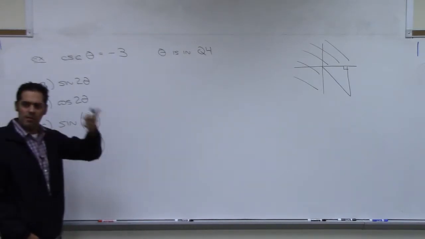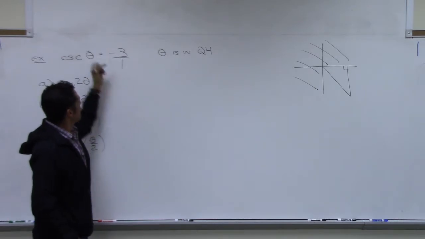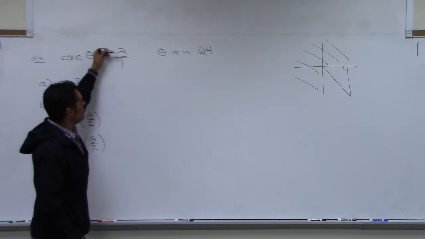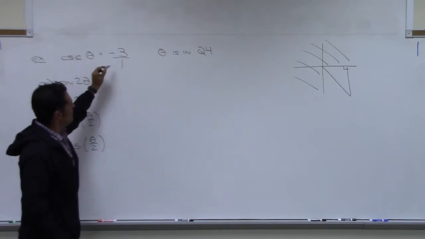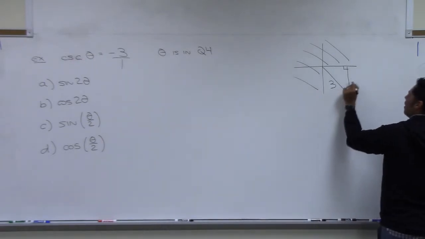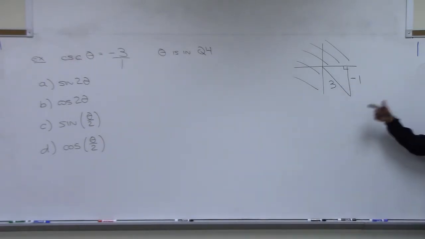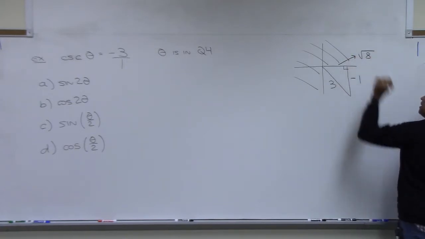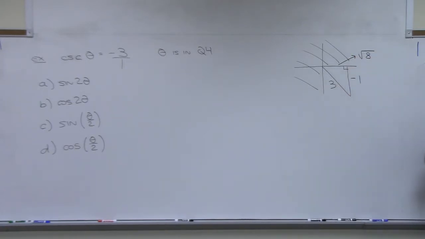So where does that negative need to be? On the 1, right? So it should be 3 here and -1 there. And then we can solve for that other side. Root 8, positive, because we are in the 4th quadrant.